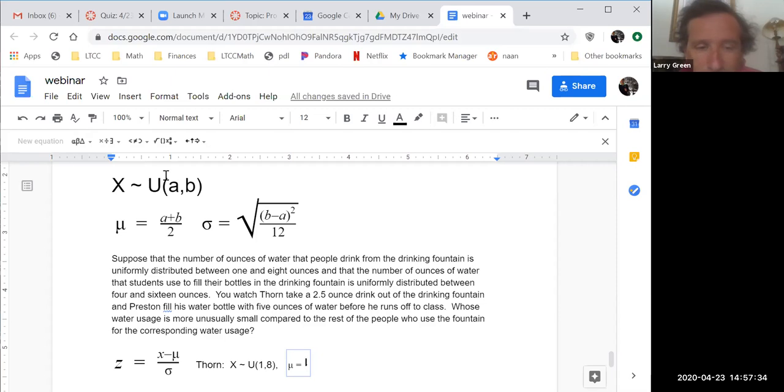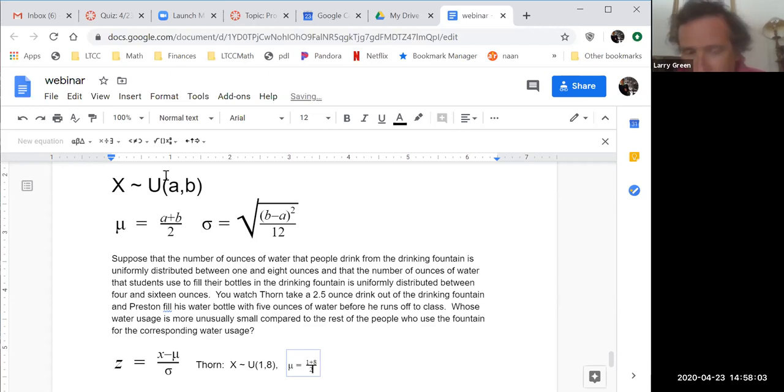How do we get mu for Thorn? Don't see y'all jumping in, but it shouldn't be too bad. The hint is there's a formula. You might be looking at it. Yeah, I'm going to put some parentheses around that, in a fraction: (1 plus 8) over 2.